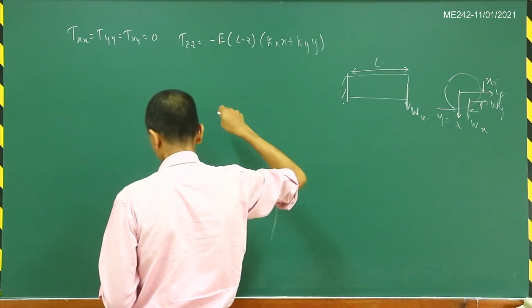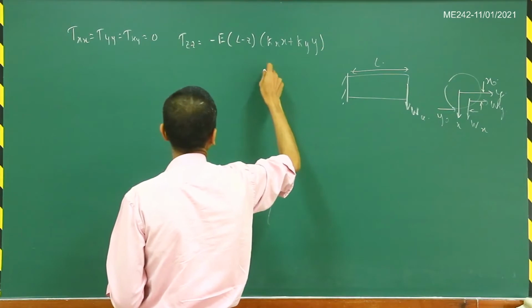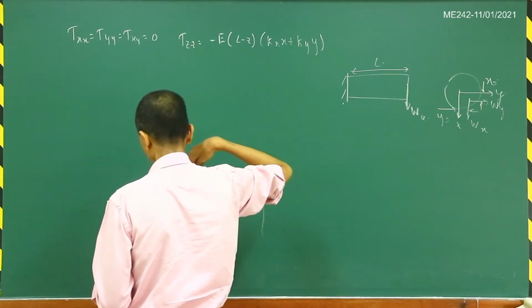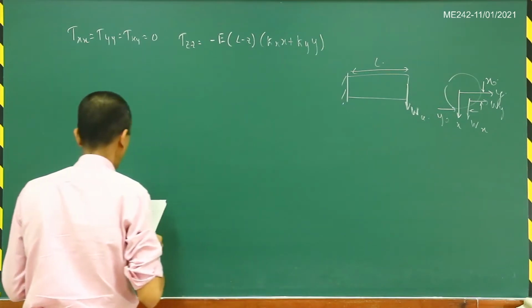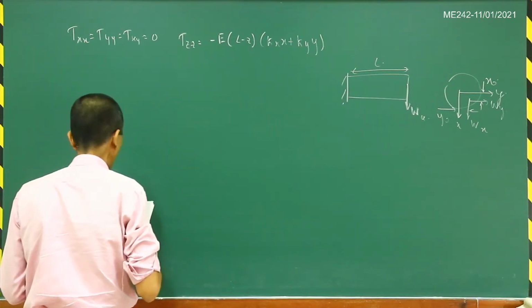And so these constants kappa x and kappa y are to be determined. And of course tau xz and tau yz are also non-zero.